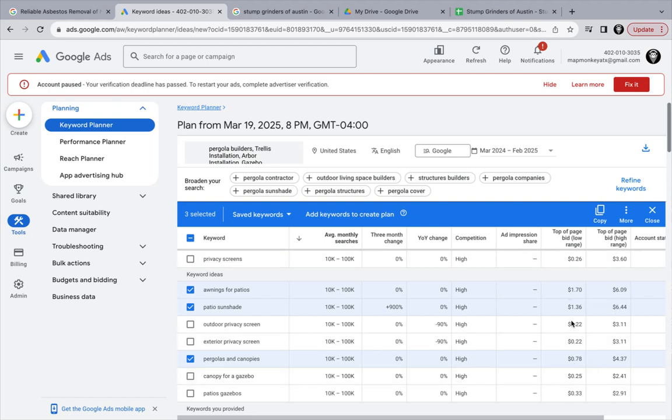But then I started looking at the bid price over here, and I'm like, okay, these top two are actually being bid on for more money, which could be a number of things. Awnings and patio sunshades are probably a lot easier to install, so you've got more people bidding for that keyword. The bar is lower for that service. It's a quicker, easier in-and-out kind of job, or less custom.